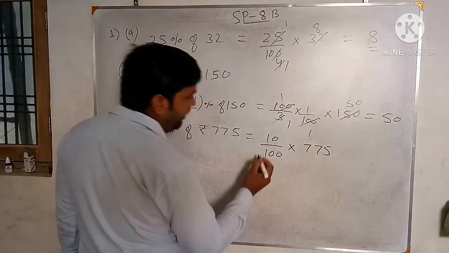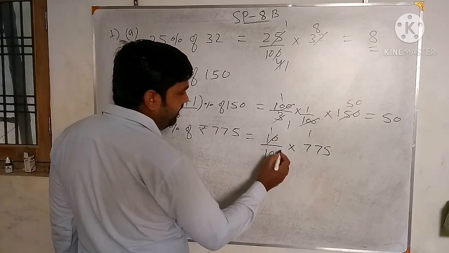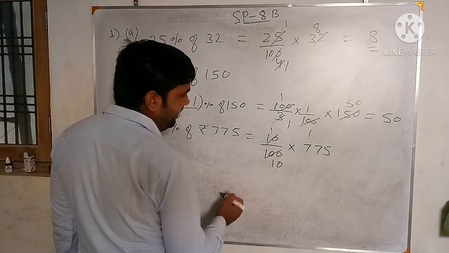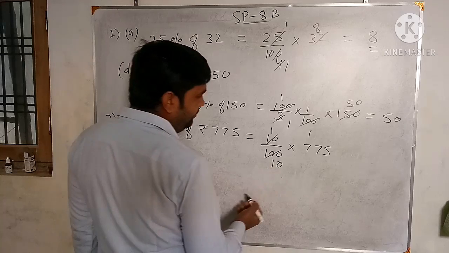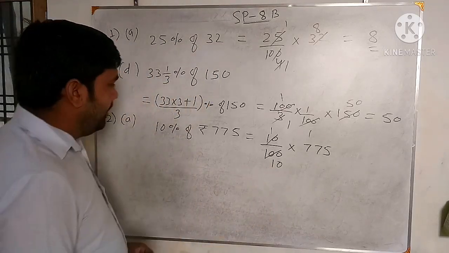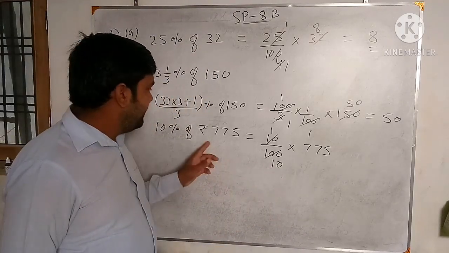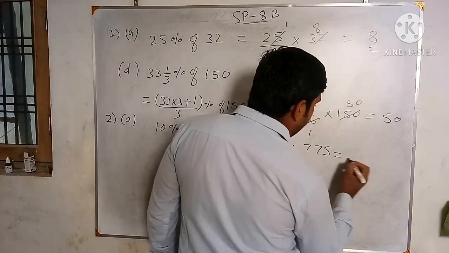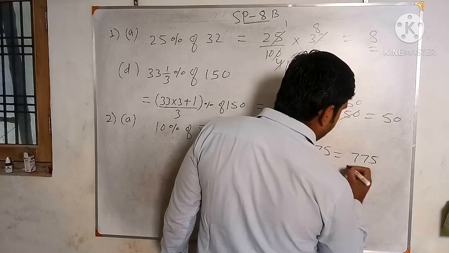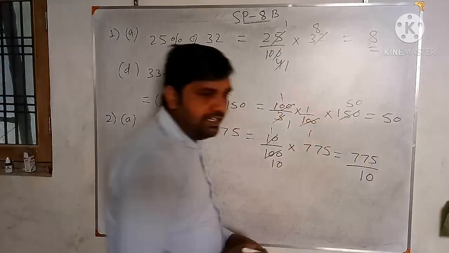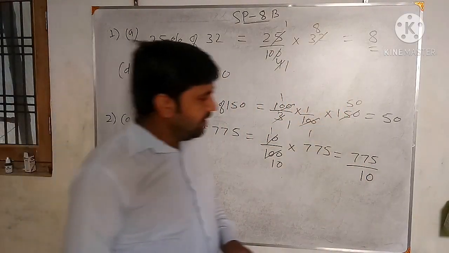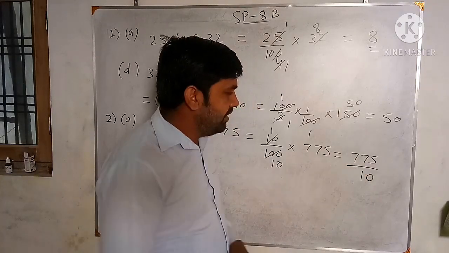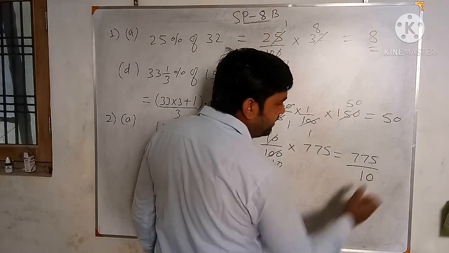Now see, 10 ones are 10, 10 tens are 100, cancel. So here we got 775 by 10. Whenever we divide any number by 10, the decimal shifts one place left, so we put the decimal from the last one digit.